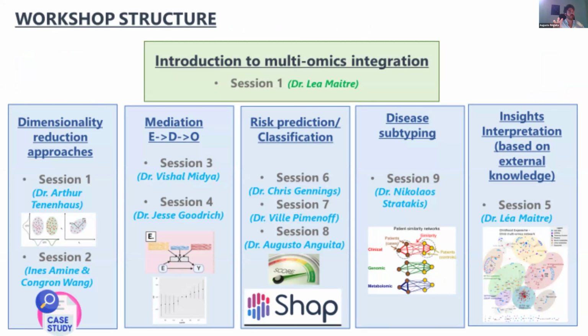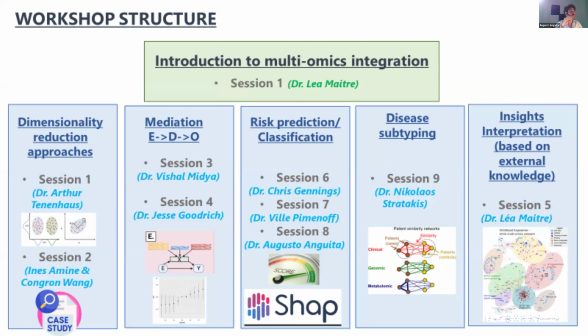We have tried to cover different topics that we think are important, especially in the context of exposomics, where the mediation role of omics for environmental exposure is the main thing that we want to look at. And we will have these 5 different topics. The first one is dimensionality reduction, which is the one with which we start this session.